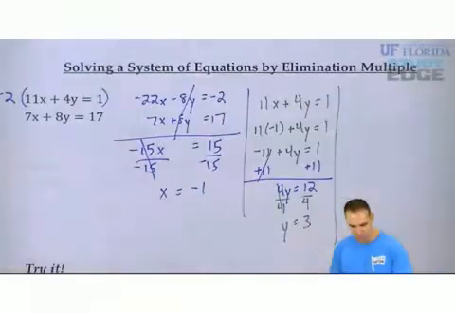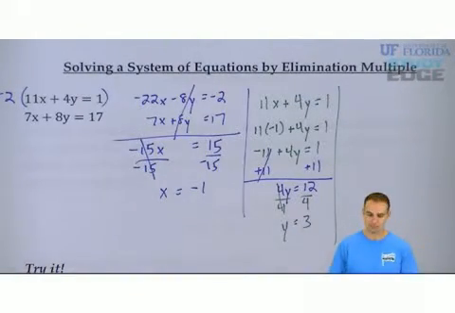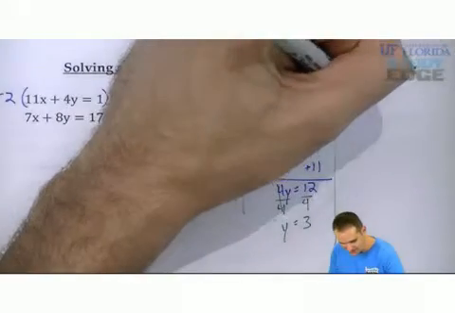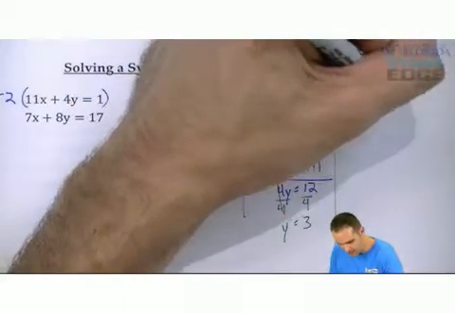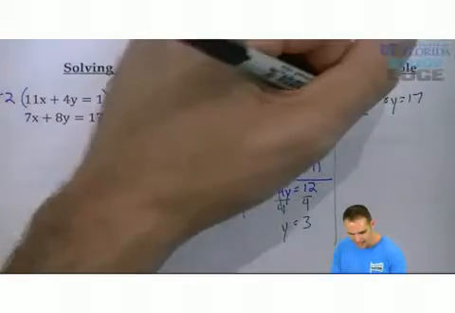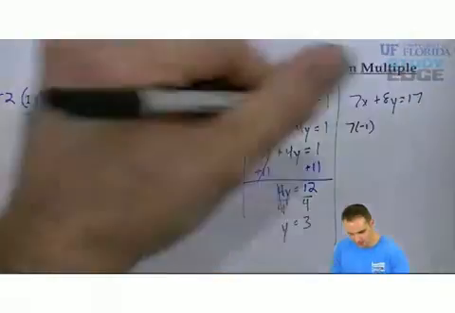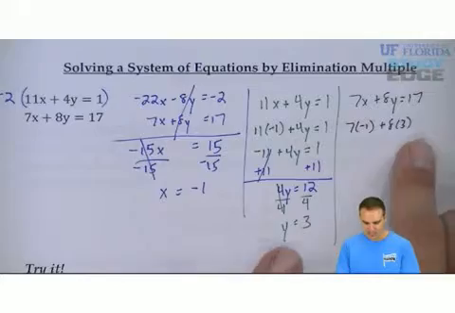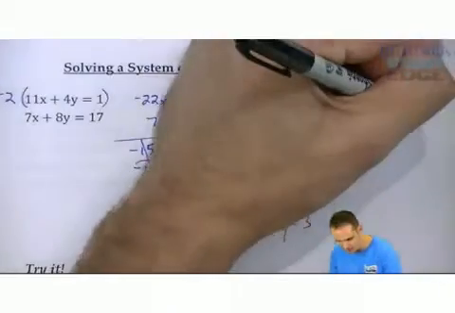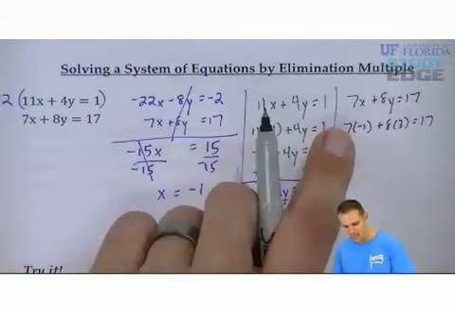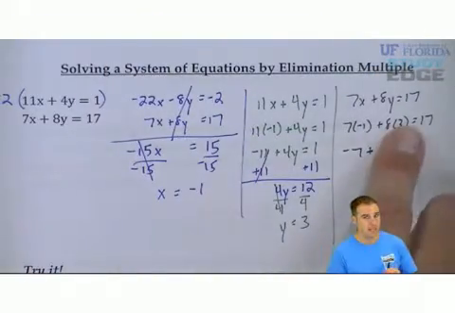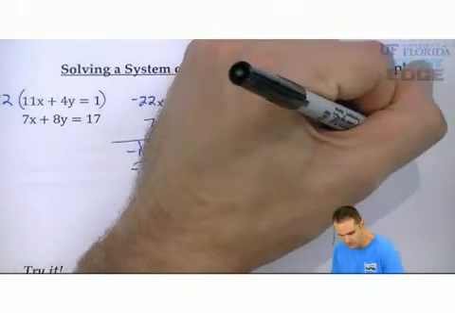But lastly, we're going to check by plugging them both in to the other equation. 7x plus 8y equals 17. I have 7 times negative 1 plus 8 times 3, because x is negative 1 and y is equal to 3, equal to 17. 7 times negative 1 is negative 7. 8 times 3 is 24.